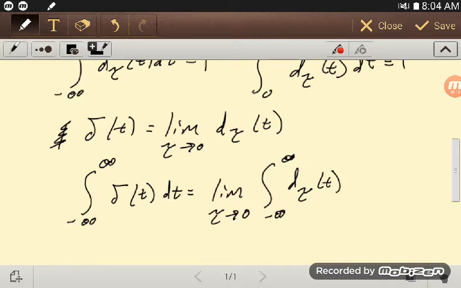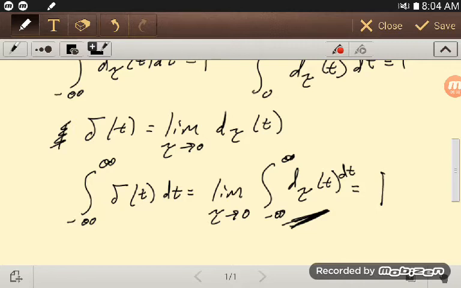But we know this part is 1 for every value of tau greater than 0, and so as tau goes to 0, you just get this sequence of 1s, 1, 1, 1, 1, and the answer is 1.